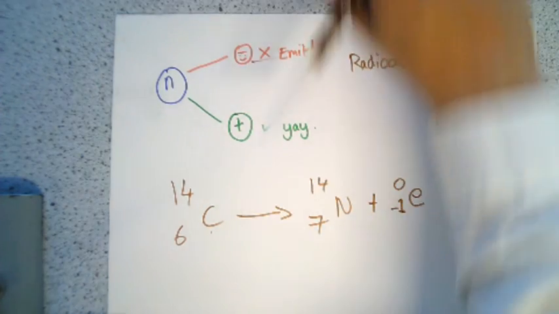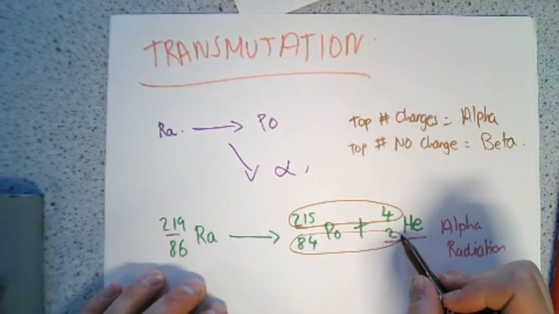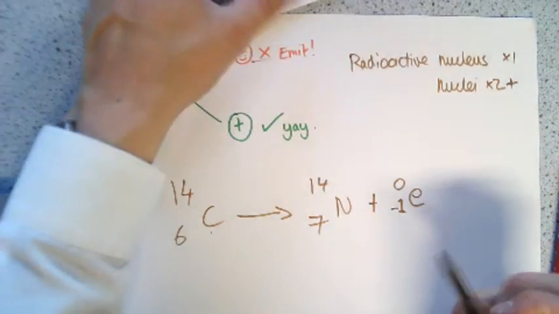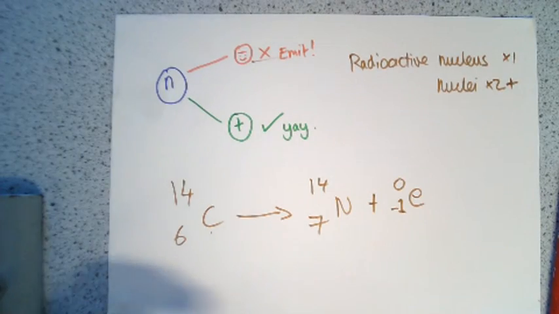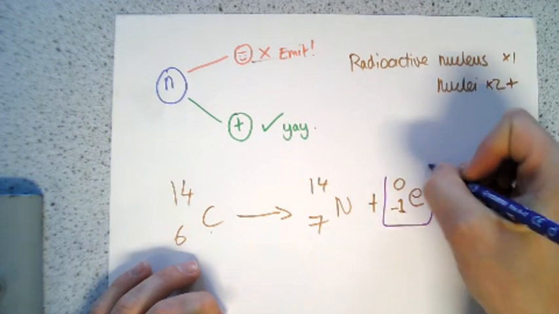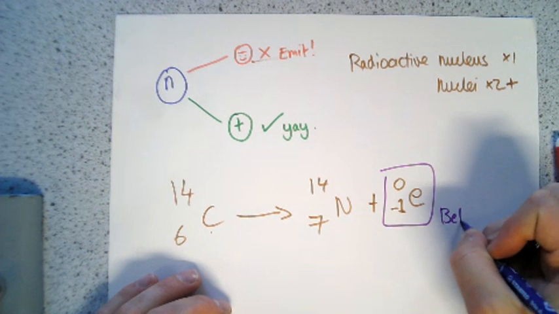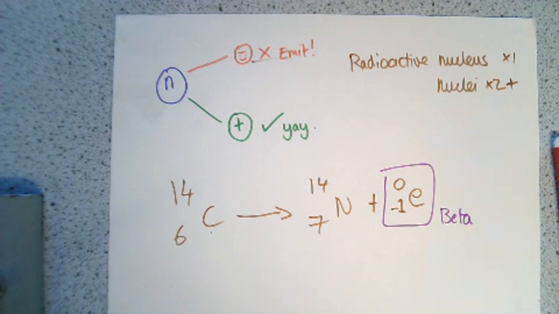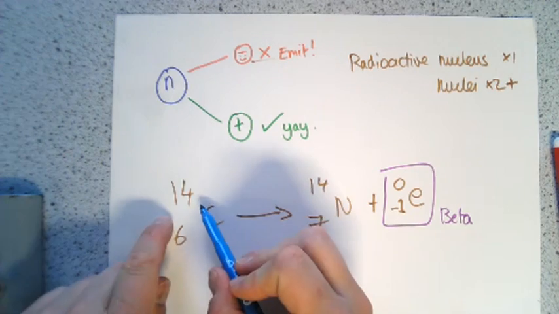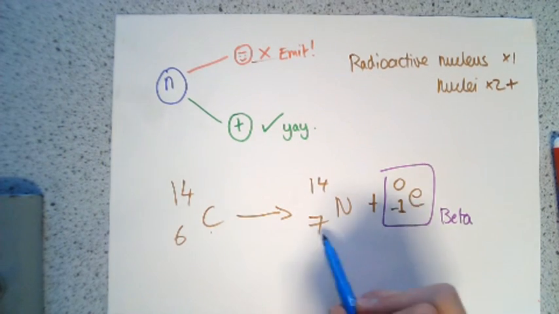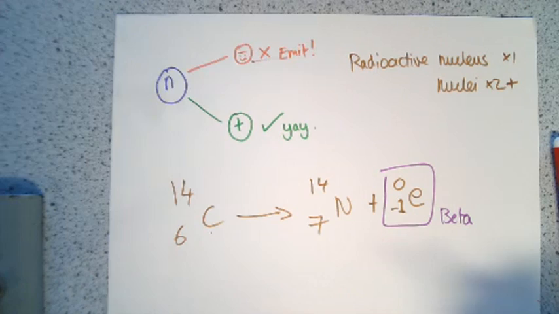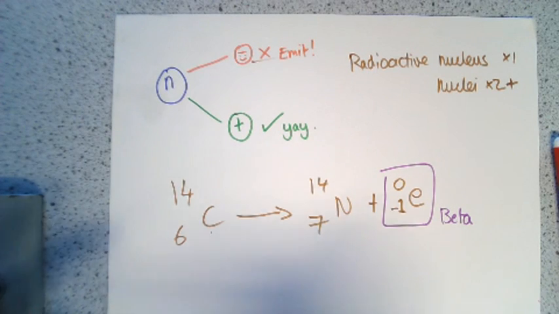Okay, so whilst that's your alpha particle, this is your beta particle. That's your beta. And as you'll notice, you don't even have to play with the top number here. 14 plus 0 makes 14. 7 subtract 1 equals 6. You're sorted.